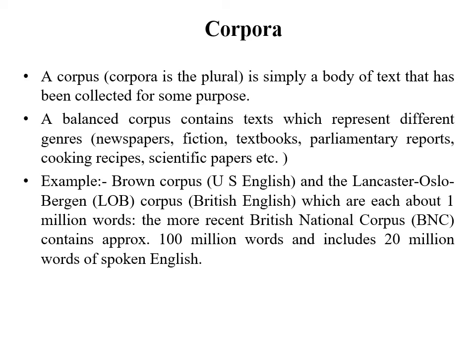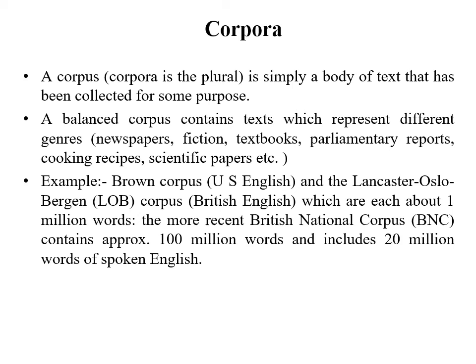So this is another topic, which is called corpora. Corpora, you can say, means corpus. A corpus, with corpora as the plural of corpus, is simply a body of text that has been collected for some purpose.